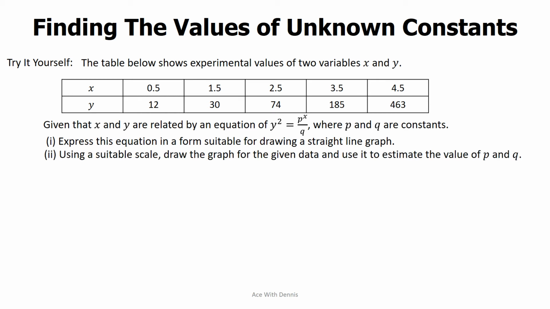Using a suitable scale, draw the graph for the given data and use it to estimate the value of p and q. 3. Estimate the value of x when log y equals 0.7. You can pause the video and try to do it yourself. You should plot the graph on a piece of graph paper.